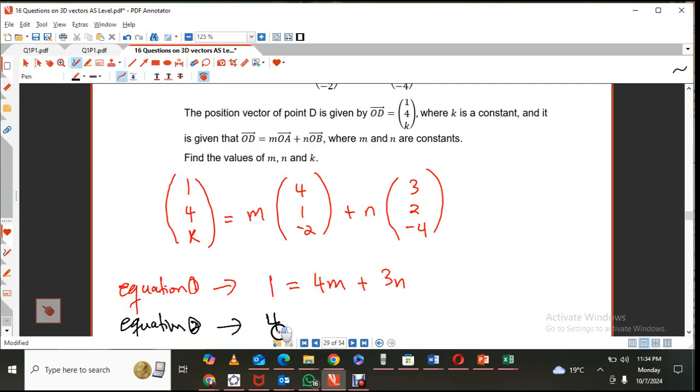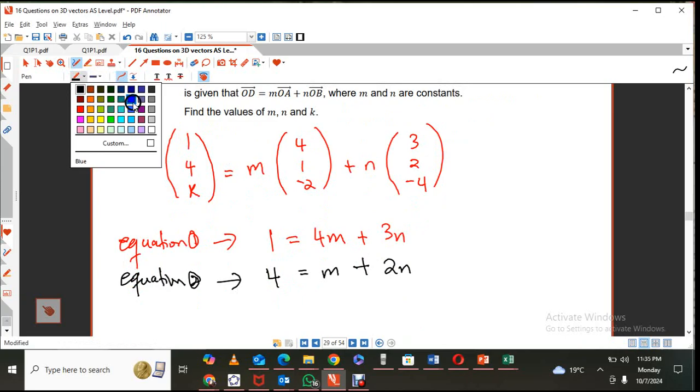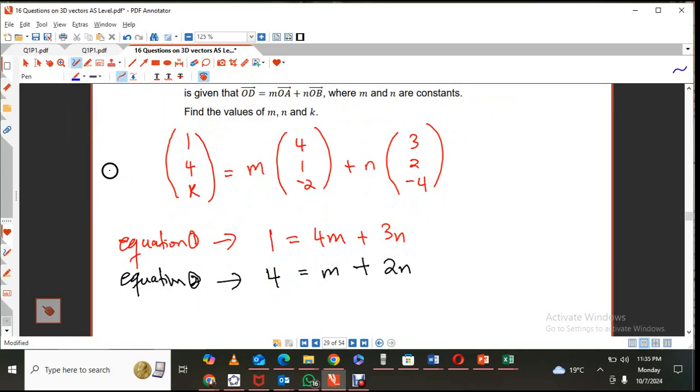It's going to be 4 equals 1m plus 2n. And then perhaps we can create equation 3. Take note that here I can already use this 2 to find the value of m. Then I'm just going to write down the equations.